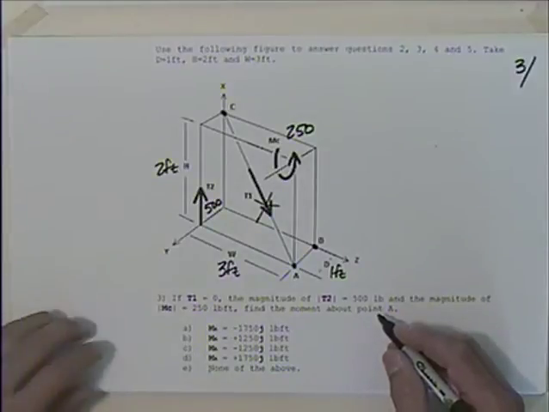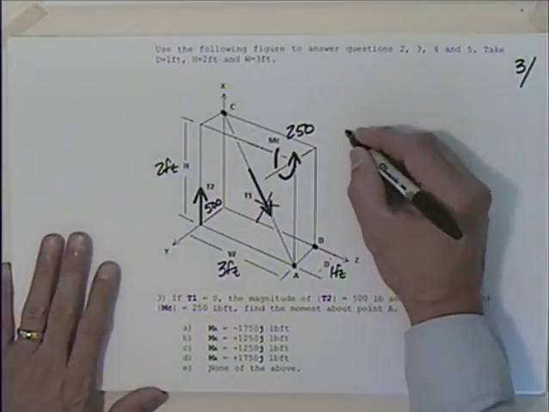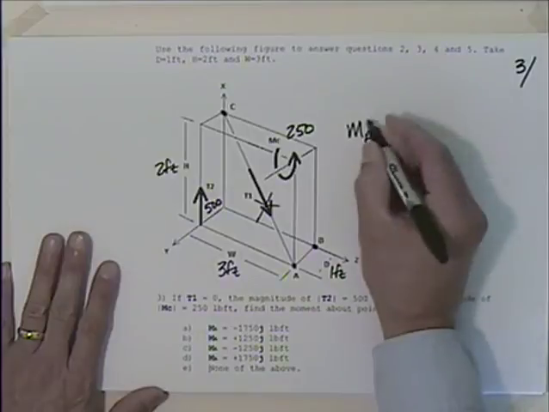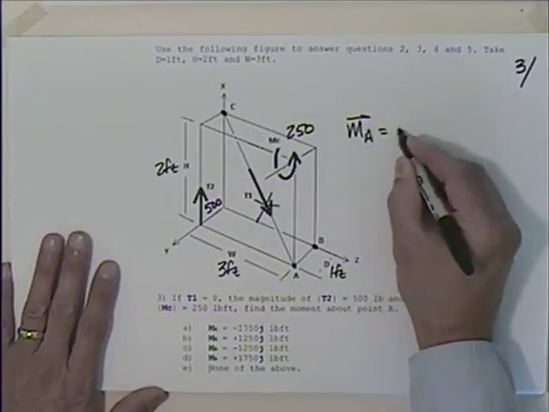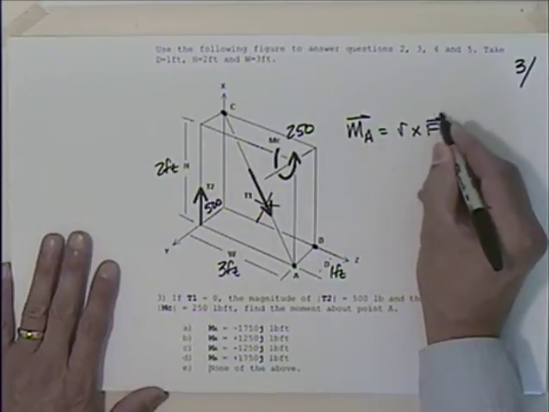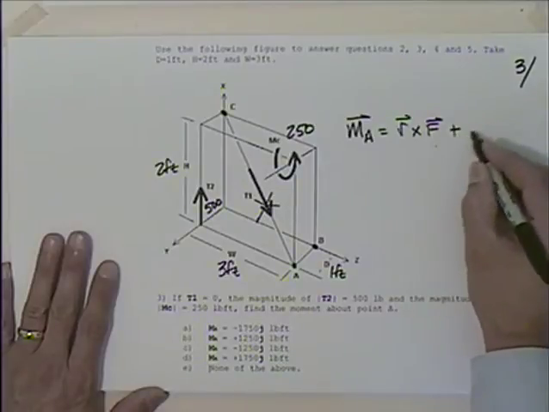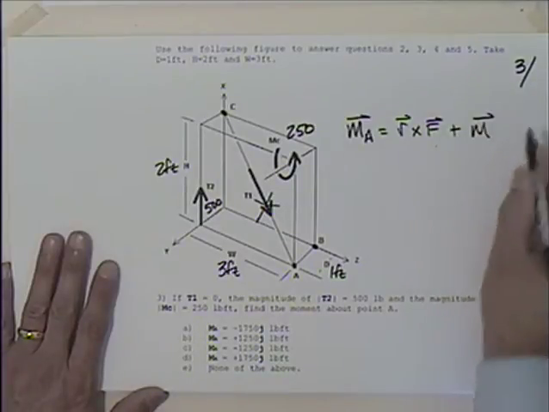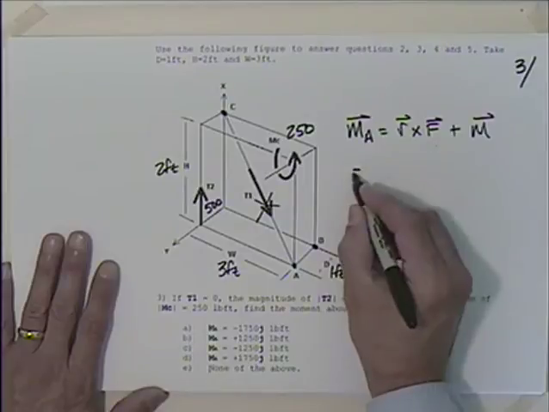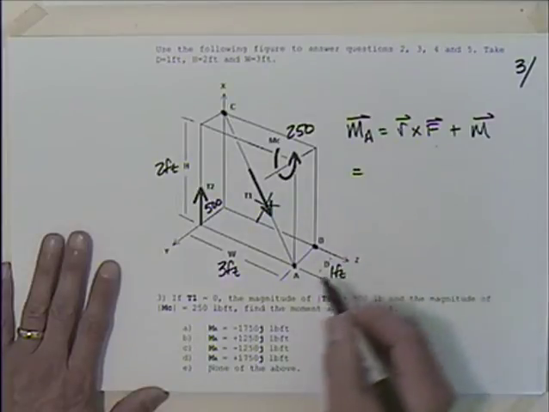Okay. Well, we could say that the moment about A is going to be equal to R crossed with F plus whatever moment we have here. So let's put this in the context of our problem. What is R?